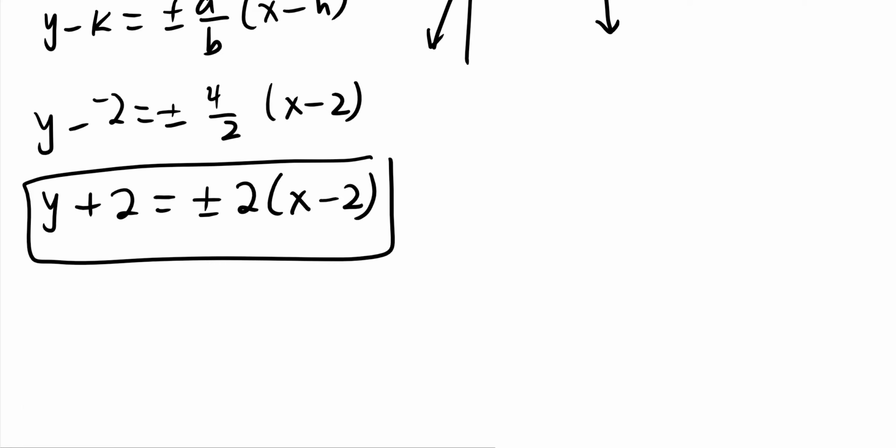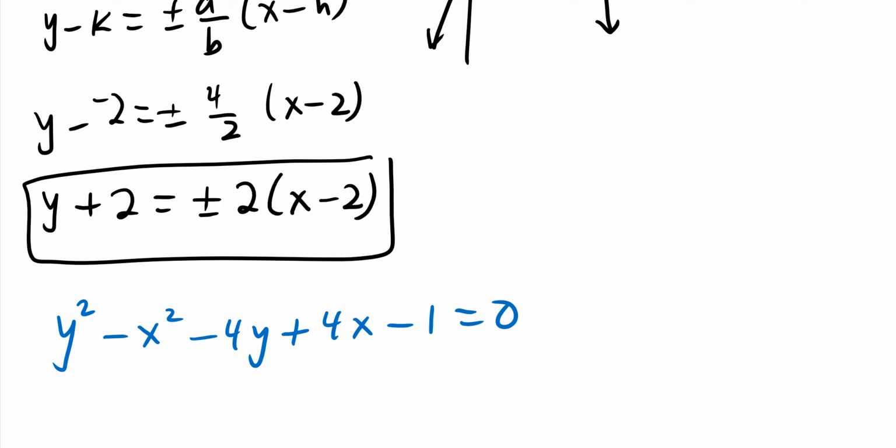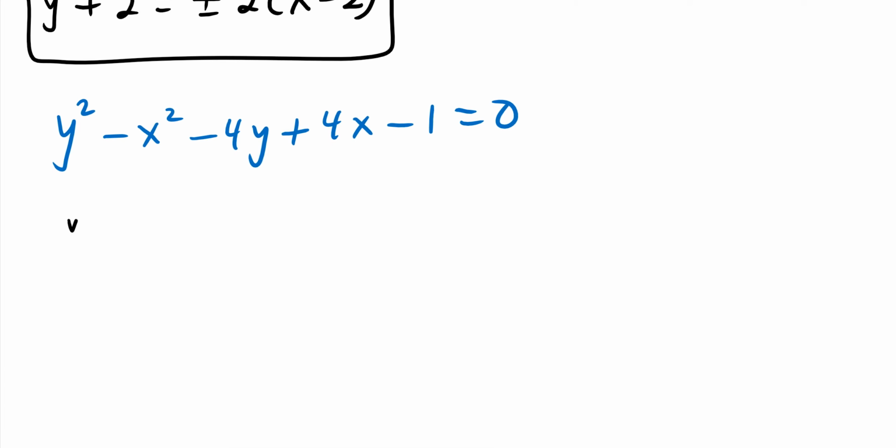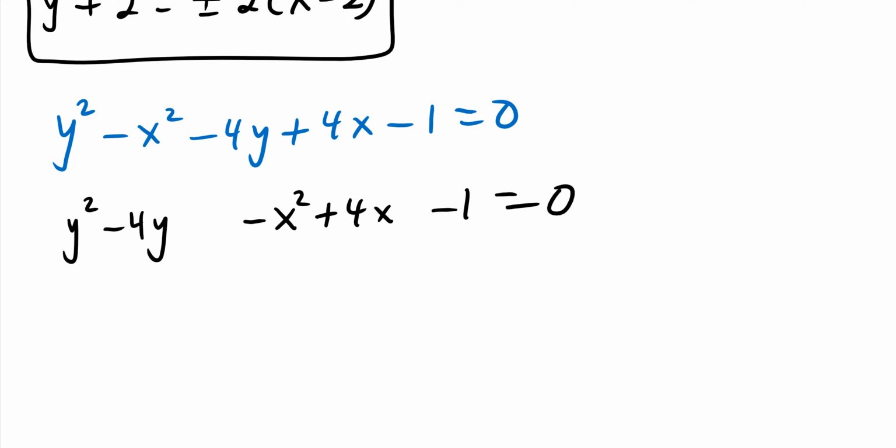What about another one, but in a different way? Let's say y squared minus x squared minus 4y plus 4x minus 1 equals 0. How do you do this? Here we need to complete the square. We group the y's, and minus x squared plus 4x together, minus 1 equals 0.